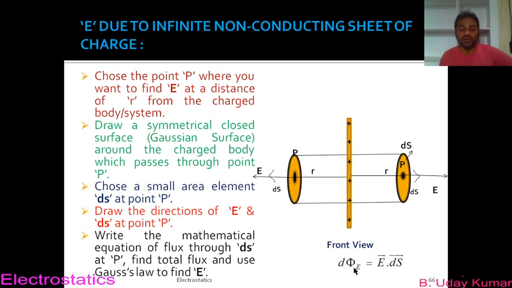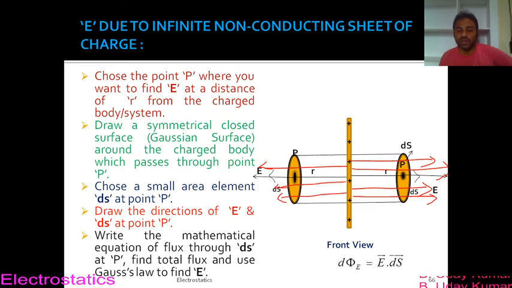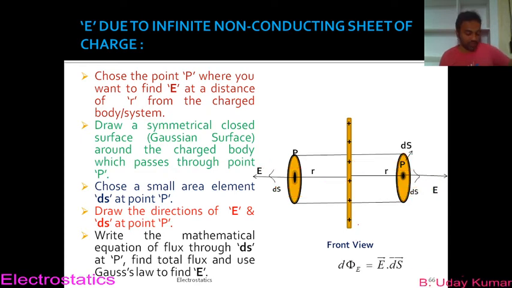This is dphi, the flux passing through ds, and since it is a positive charge, the electric lines of force will be directed like this. So to find the total electric flux, you choose the small area element and write the flux passing through it. The chosen small area element is ds, and the flux passing through it is written as dphi equals E dot ds. Anyway, I am erasing this, and let us move on to our next slide.